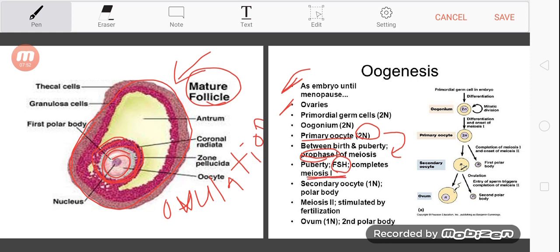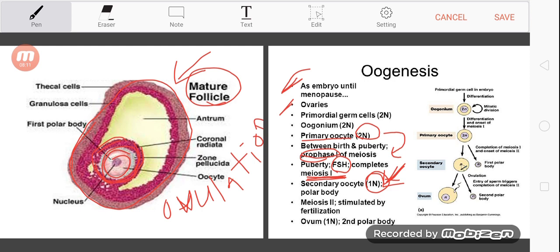By the completion of meiosis 1, we call it a secondary oocyte. The chromosomal number of the secondary oocyte is haploid.